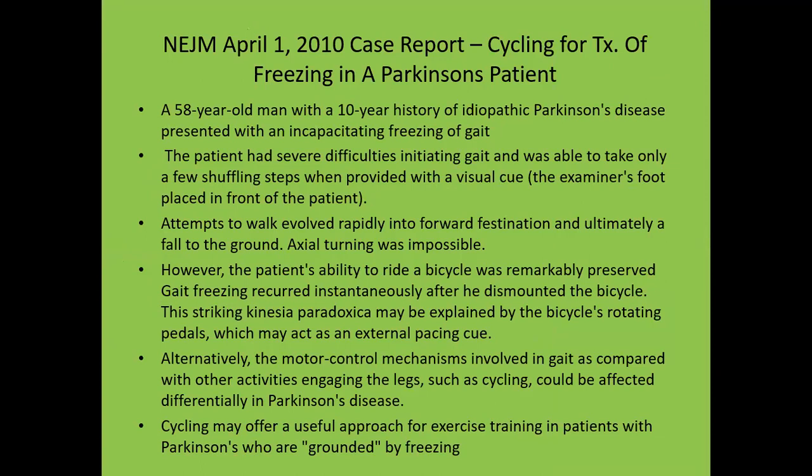The patient had severe difficulty initiating gait and was able to take only a few shuffling steps when provided with a visual cue. Attempts to walk evolved rapidly into forward propulsion and ultimately a fall to the ground. Axial turning was impossible. However, the patient's ability to ride a bicycle was remarkably preserved. Gait freezing recurred instantaneously after he dismounted the bicycle. The striking kinesia paradoxa may be explained by the rotating pedals.